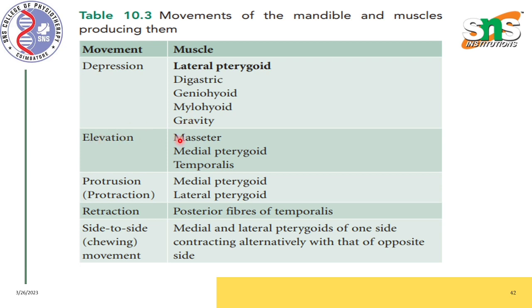Elevation is produced by the masseter, medial pterygoid, and temporalis muscle. Protrusion or protraction is produced by the medial pterygoid and lateral pterygoid muscles, and retraction is produced by the posterior fibers of the temporalis muscle, and side to side or chewing movements by the medial and lateral pterygoids of one side contracting alternately with those of the opposite side.